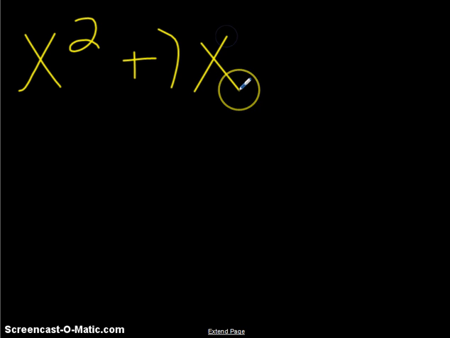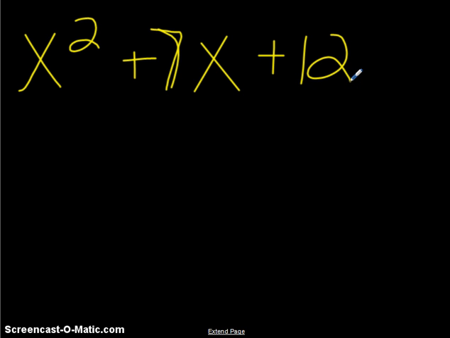So here's our first pretty basic example. X squared plus 7x plus 12. What I like to do is I create this little magic X over to the side.